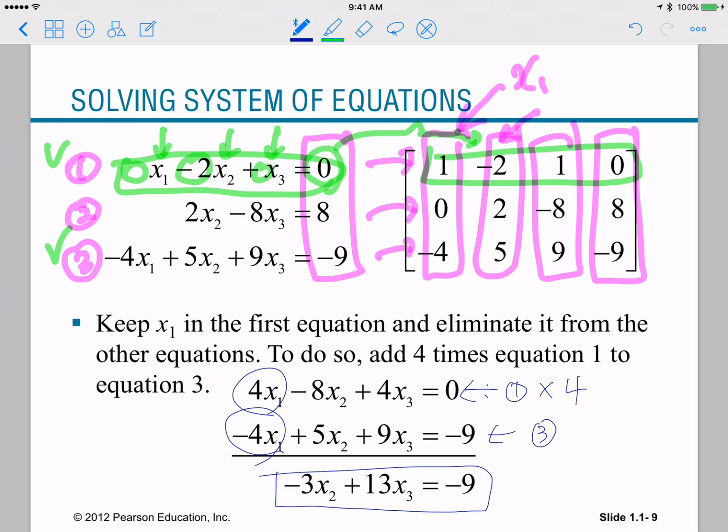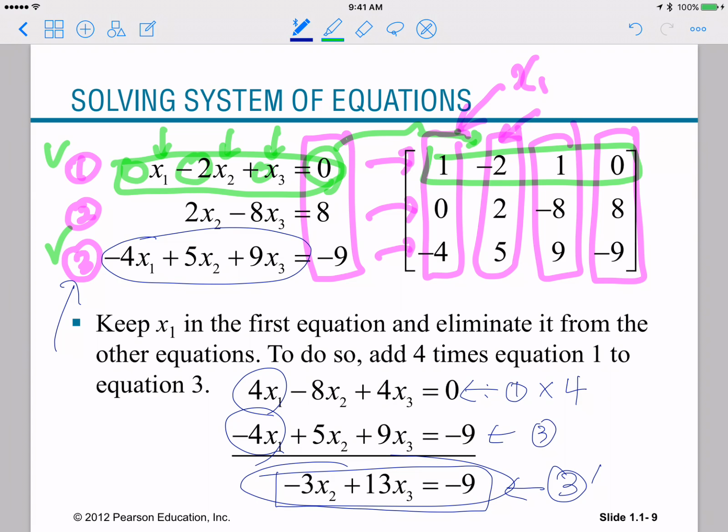Okay, and then let's call this one 3 prime, or 3 dash, which means our new equation 4 replaces this equation 3. Okay, so instead of using this, we now use this. We know this kind of operation doesn't change our solution, right?